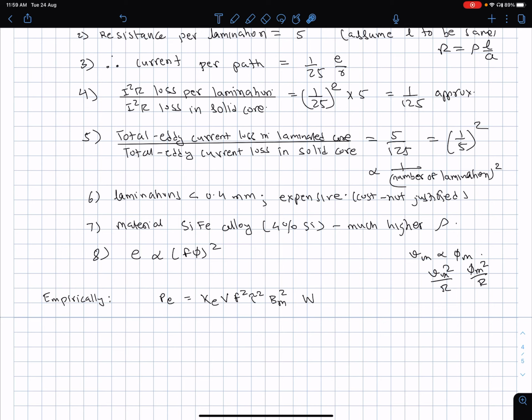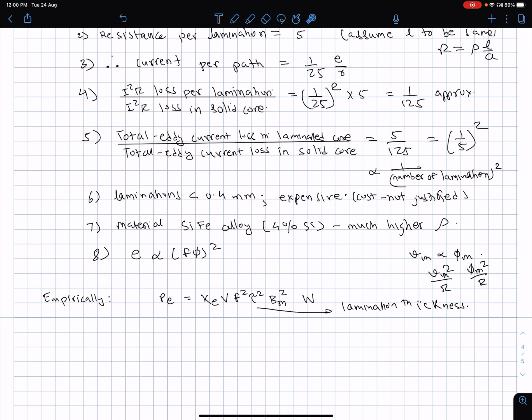So the eddy current losses are proportional to volume, square of frequency, Bm square, and lamination thickness tau squared. So the smaller the lamination thickness, the lower will be the eddy current loss PE.